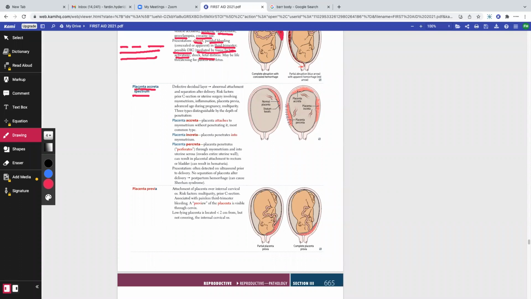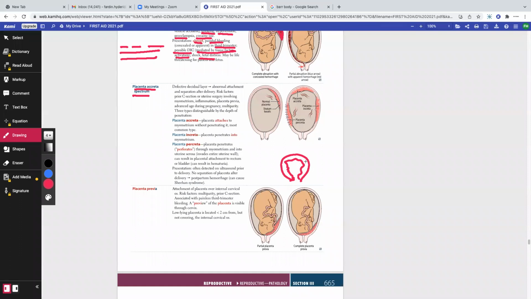So why do we have a placenta accreta spectrum? During gestation, does the uterus prepare its layer so that the fetus can come and implant properly? Yes or no? The answer is yes. What is the name of the endometrium that gets filled up with blood, nutrients and glands so that the fetus can come and bind?